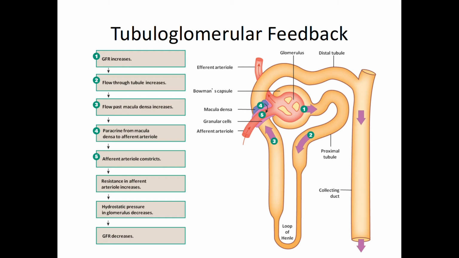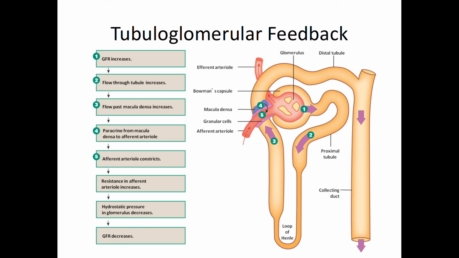So looking at this, here's what happens when glomerular filtration increases. Start off with that increase in glomerular filtration rate, and that increases the flow through the tubule. And that's going to pass by the macula densa, which is a sensory system. And that macula densa is going to sense the increased flow and start releasing a signal.